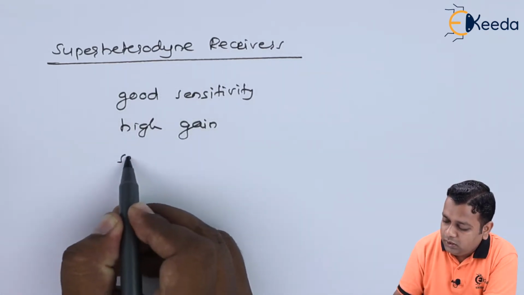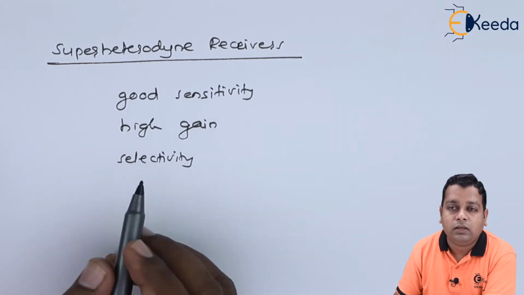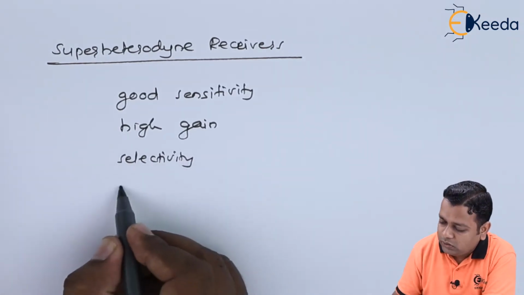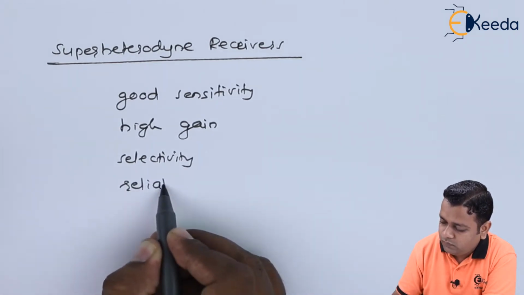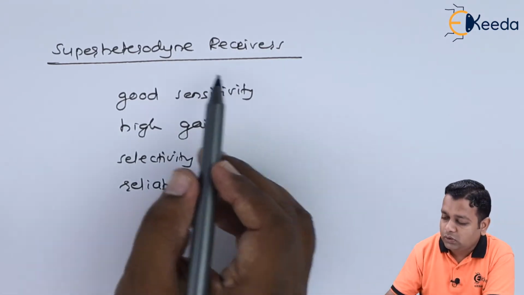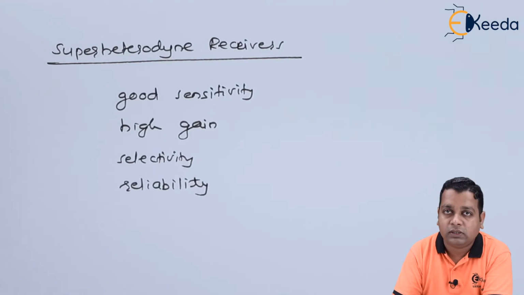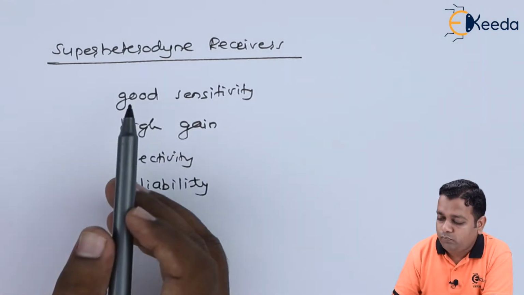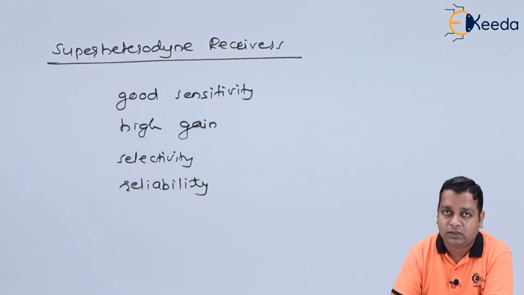The selectivity and the reliability are also at the desired levels. Therefore, the structure of the superheterodyne receiver that we showed in the previous lecture in the block diagram at the bottom is very important while designing the receiver section for radars.